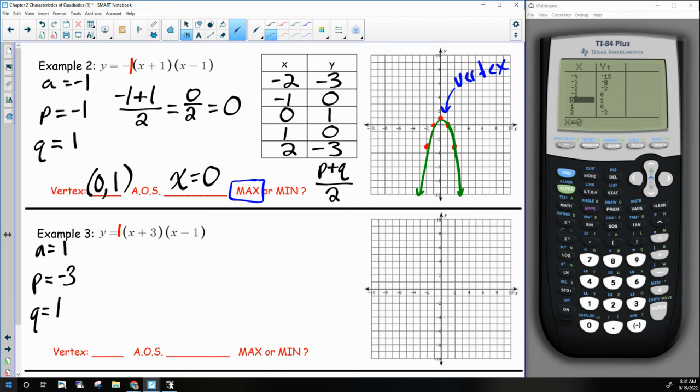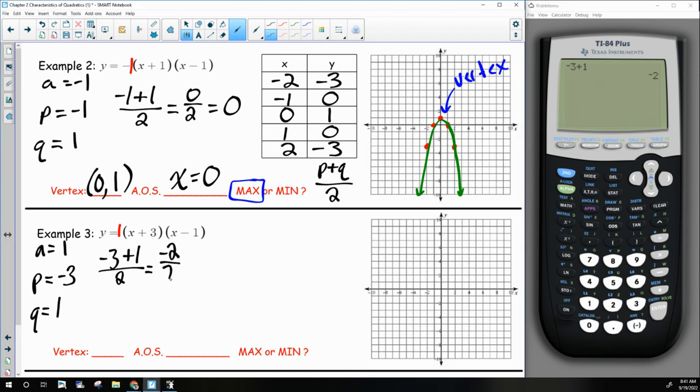And again, we run into the same situation where I need a way to find my vertex, and that is P plus Q divided by 2. Negative 3 plus 1 divided by 2. Add my top, negative 3 plus 1. My top simplifies into negative 2.